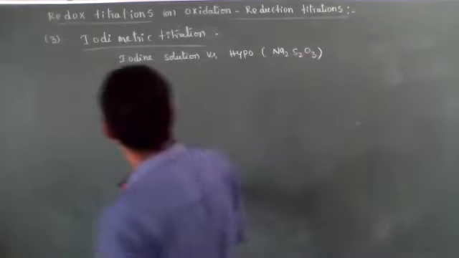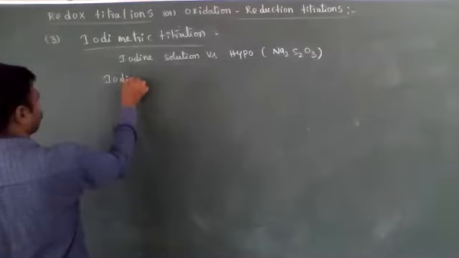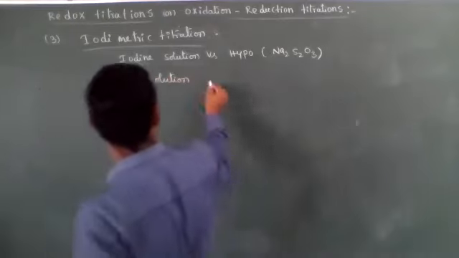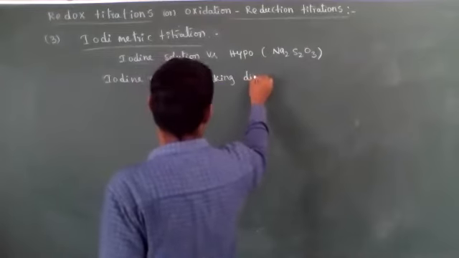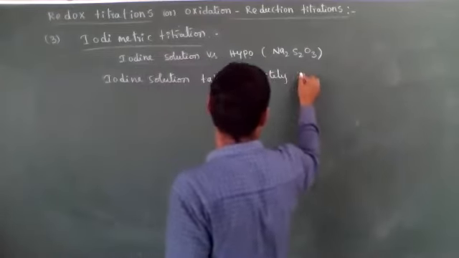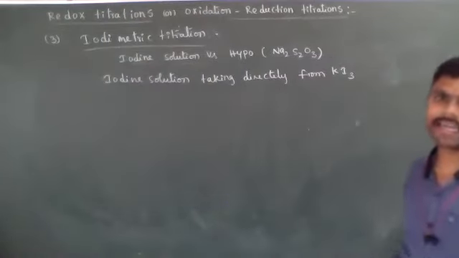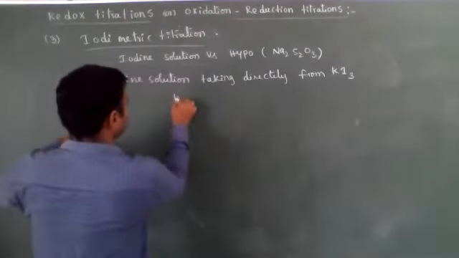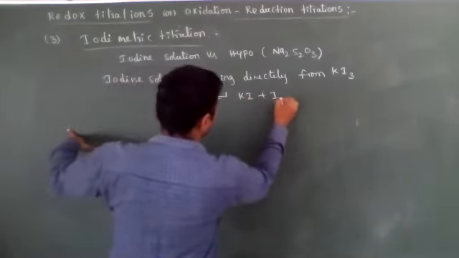In iodimetric titration, the iodine solution is taken directly from KI3, potassium triiodide. Then KI3 is converted into potassium iodide plus iodine.